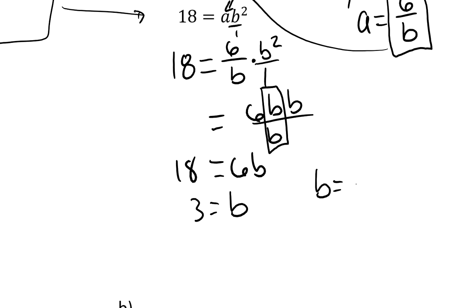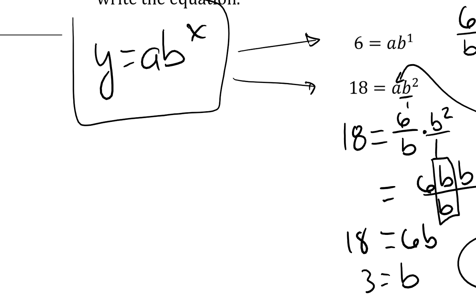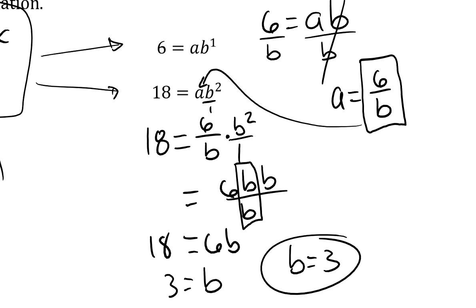Well, now that I know that b is 3, that's my multiplier. If I look back at the original, y equals ab to the x, I know b is 3. I'm multiplying by 3 each time. The question then becomes, where's my initial value? Where am I starting at? What's a? Well, if you look at our work, we've got a nice expression for it. a is simply 6 divided by b.